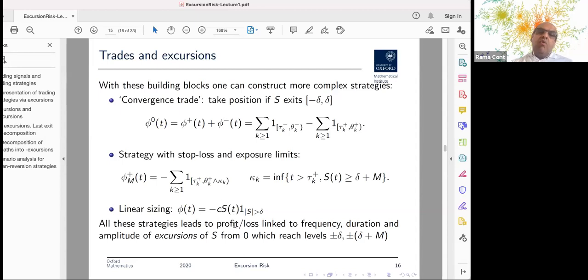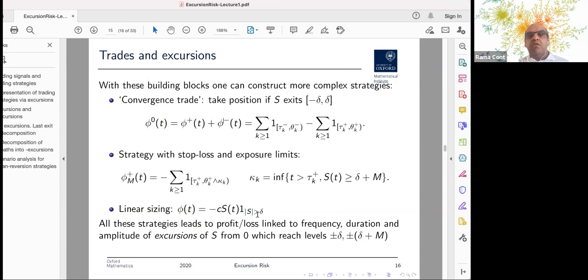So one strategy is to do linear sizing. The size of your position is going to be proportional to the signal. It can be linear or any other increasing function. It's zero when the signal is close to zero, but if it goes away, you can short more and more, or go long more and more if you're going below.